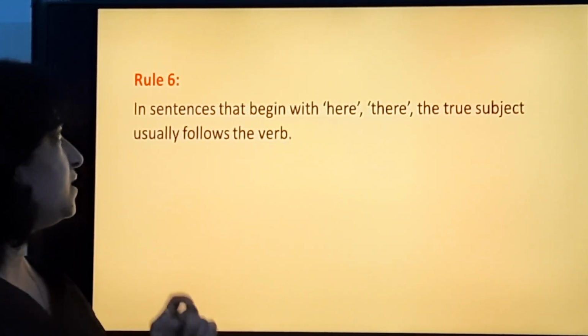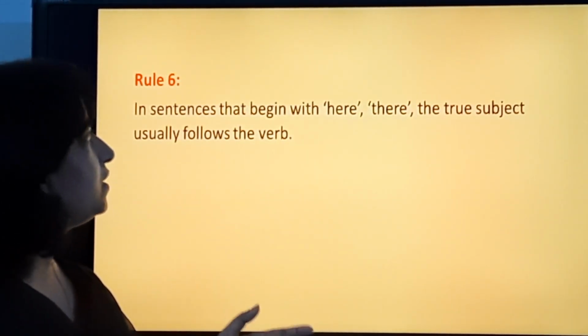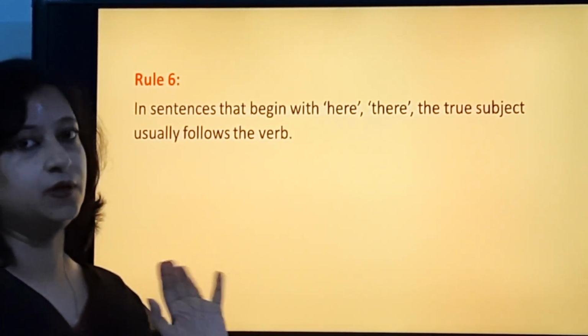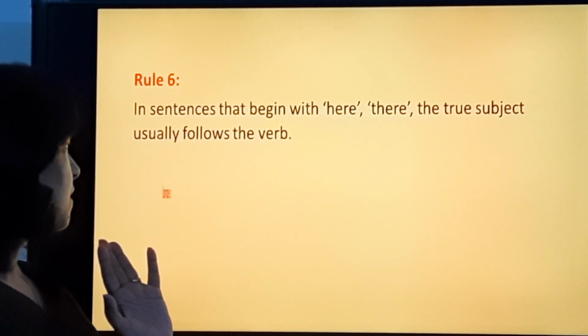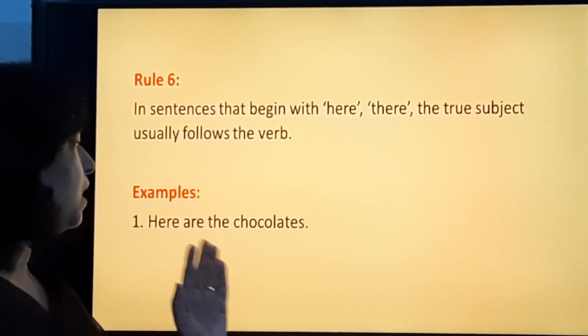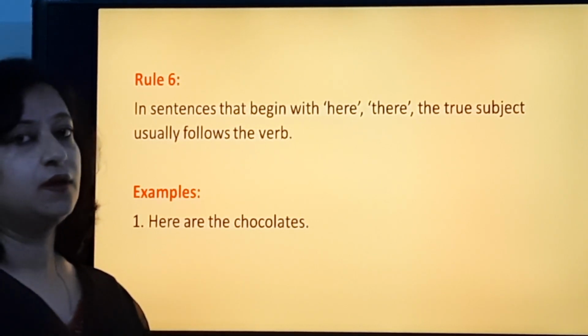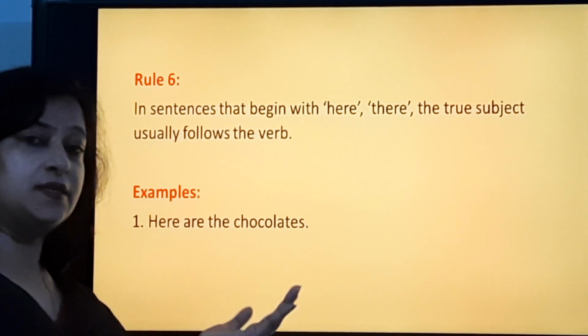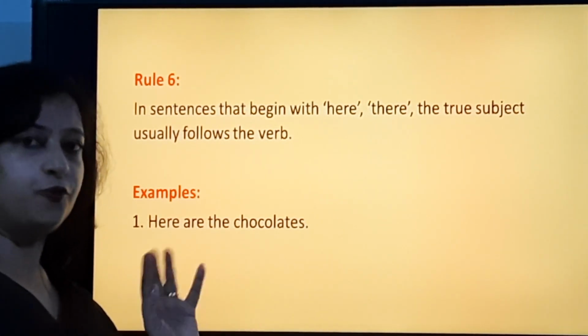In sentences that begin with here, there, the true subject usually follows the verb. How? Here are the chocolates. So, chocolates is a subject that has come after the verb, not before the verb.